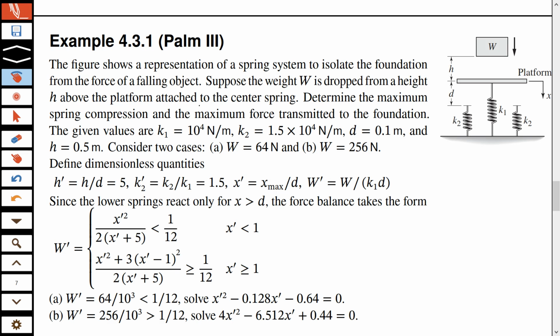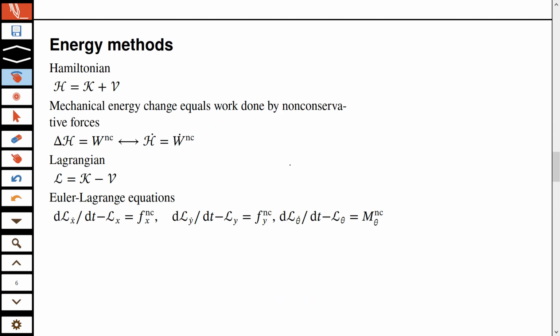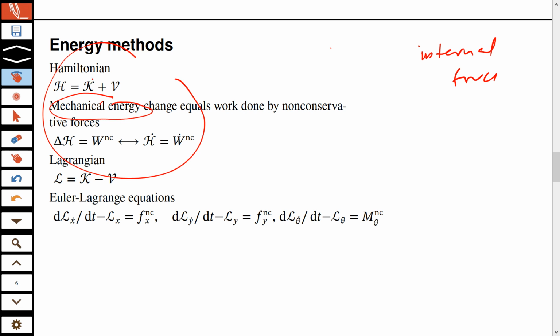Now here this example looks complicated, but before the example we can just recall that instead of writing the differential equations, which will involve internal forces, internal moments and cancellation, and it looks very complicated, why not write just an expression for the mechanical energy, which is the kinetic energy plus the potential energy, including all the springs, gravitational field and so on.